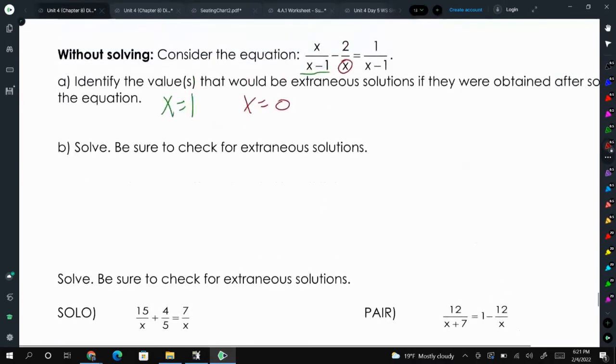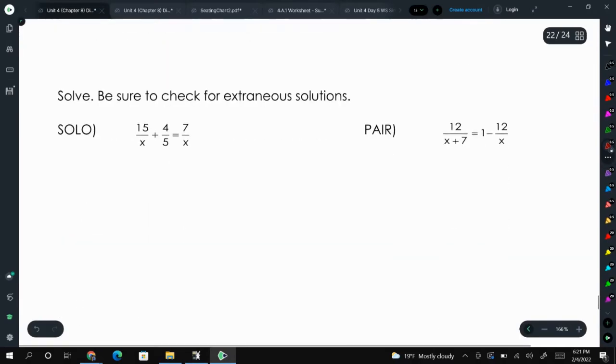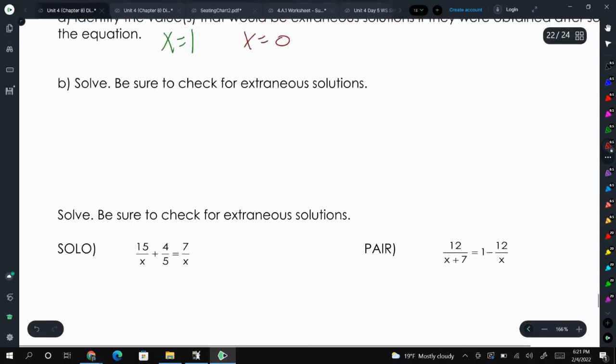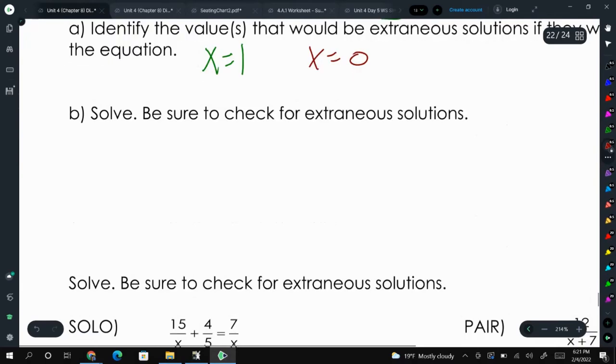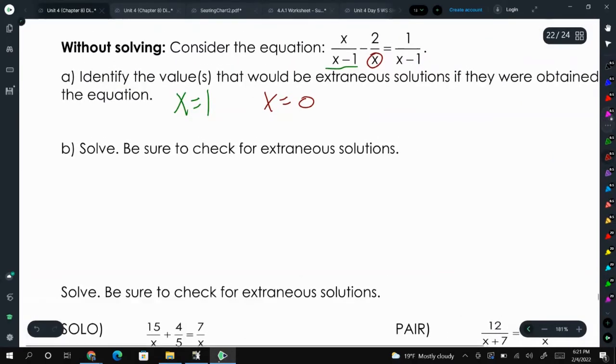So we'll do one last one together, and then I'll have you do these three on your own, and check your answers and work after you're done. All right, so with this equation, I'm going to multiply our LCD. Let me rewrite this here.